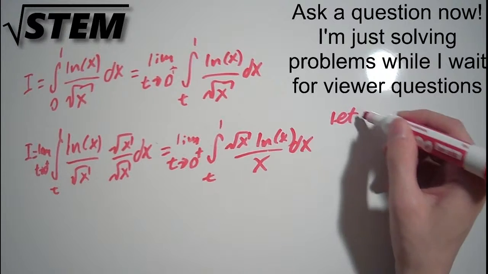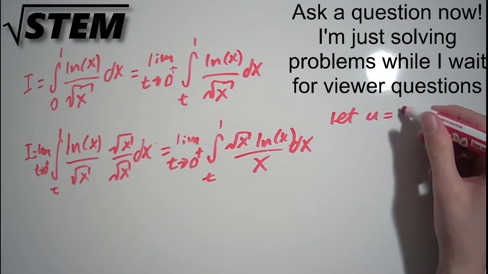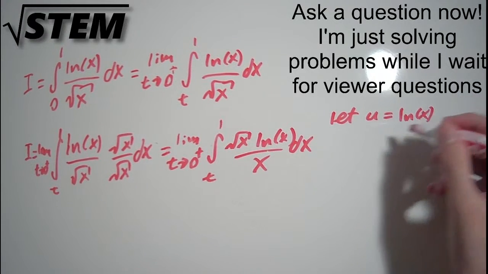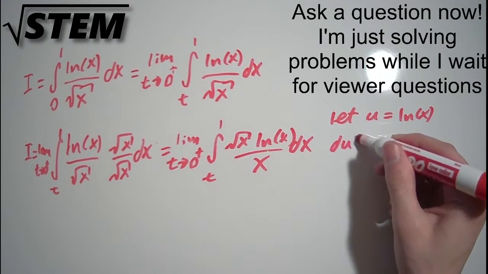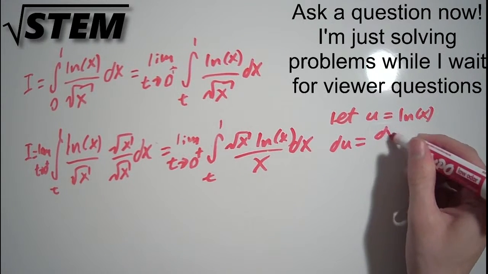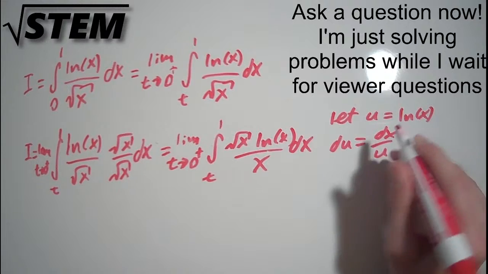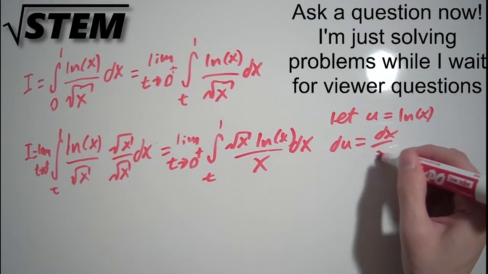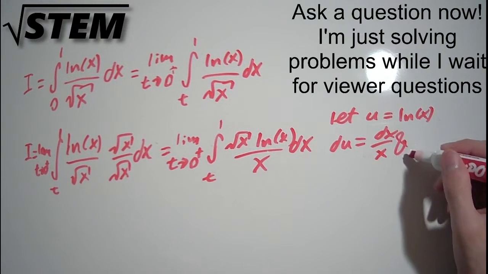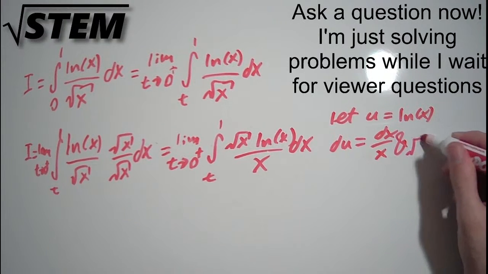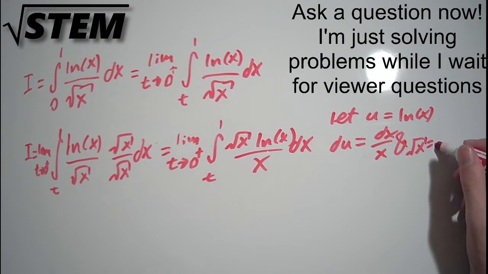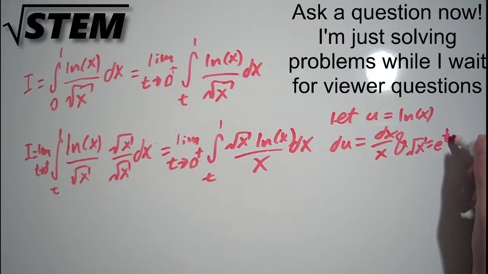Now we will let u equal the natural log of x, so du equals dx over x, and we'll note that square root of x equals e to the 1/2 u.